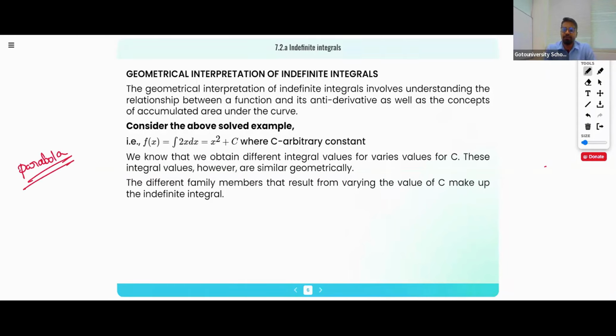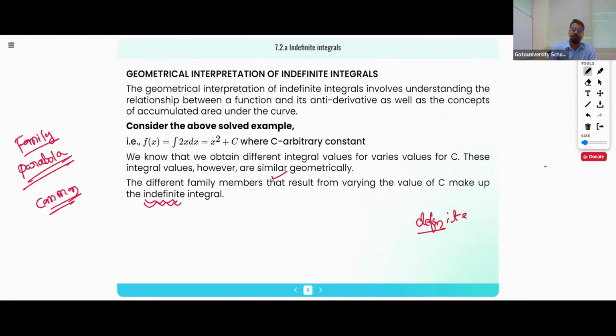But different family members that result from varying the value of c make up the indefinite integral. That is why the word indefinite, as it is not definitely one particular curve. It belongs to a family of multiple curves, and each of them is different from the others. That's why we cannot definitely say which curve it is, but we can say it belongs to a family of parabolas, with a common axis.